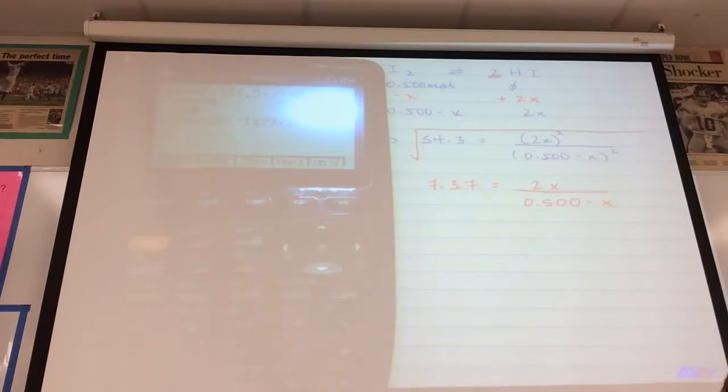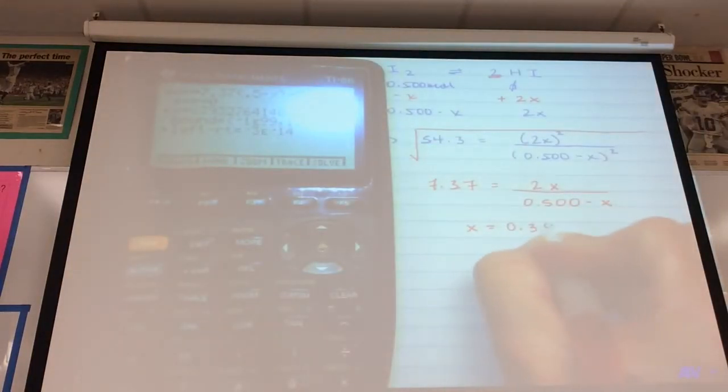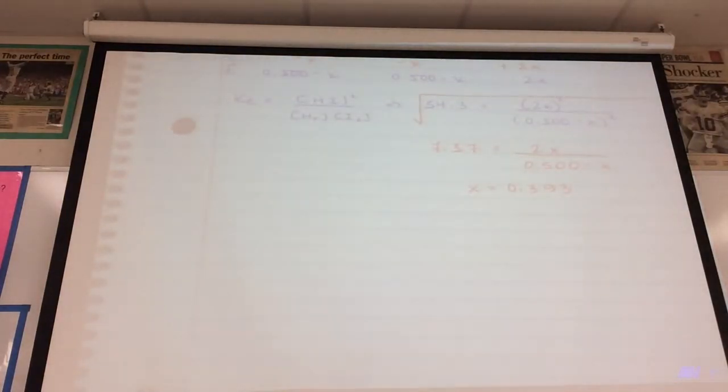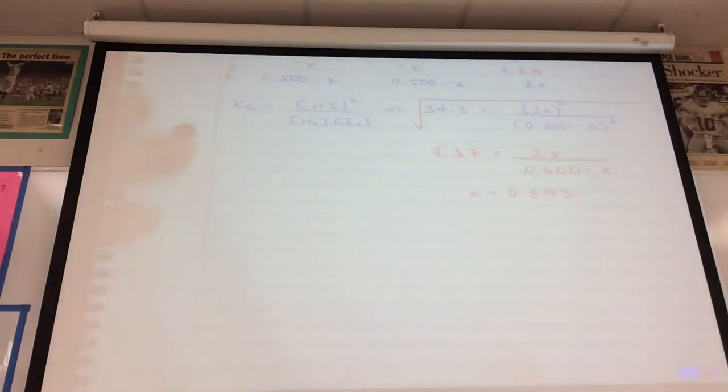I'm going to move down to the x, and I'm going to hit my solve button, and poof, out pops the answer, which is x is equal to 0.393. Now some of the calculators are a little bit different, and I'll walk you through how to use yours, or you can go ahead and solve it. It's not terribly difficult. It's not like you need the quadratic. But this is my x. So how would I figure out how many moles of each gas I have?